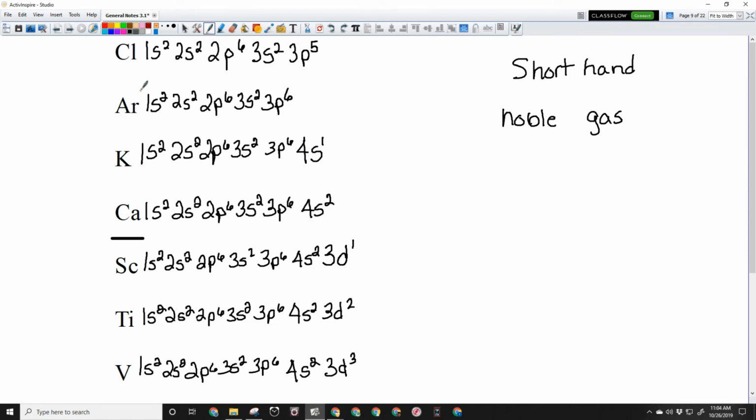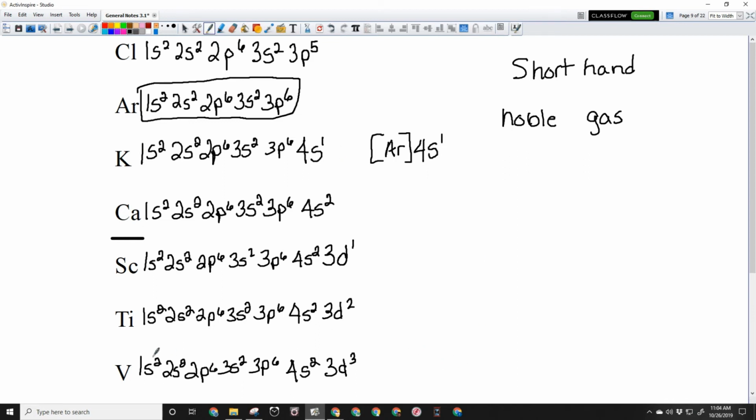Here it is. This is the configuration for argon. So for potassium, I would write Ar in brackets because that's the noble gas, and then I would add on 4s1. Okay, so that makes it much, much shorter than this.